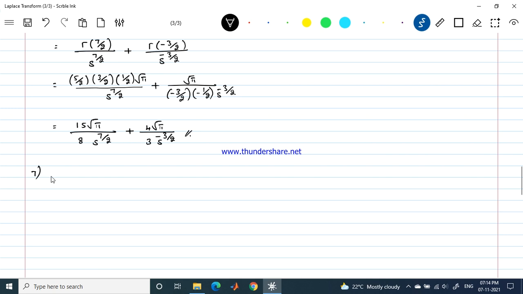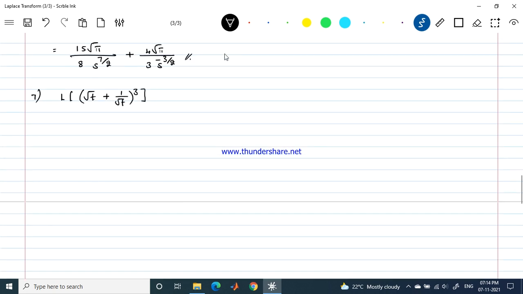Problem number 7. Laplace of square root t plus 1 by square root t whole cube. Here first we need to know the a plus b whole cube formula. That's a cube plus b cube plus 3 a square b plus 3 a b square.